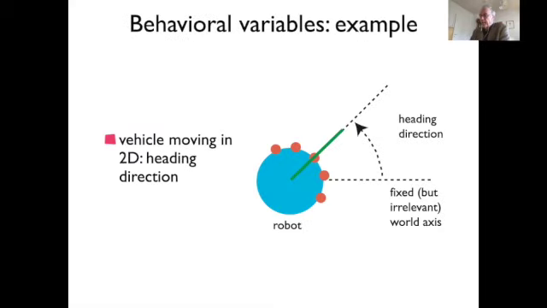So here for the vehicle, a simple way to describe the physical state is to describe the orientation of the robot relative to some fixed axis. This is what we call the heading direction, right? If you had a magnetic compass on the vehicle, then you could read off the heading direction directly from that compass, relative to north, right? Or if you had some landmark recognition, you would see some wall, you could say, well, the angle relative to that wall.